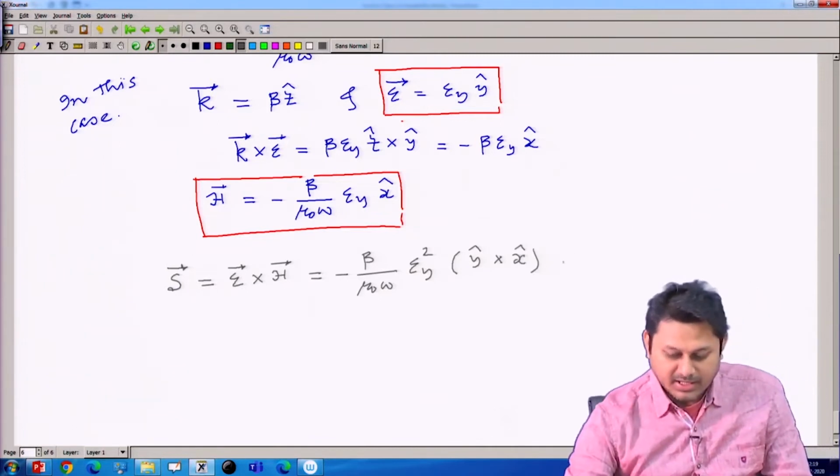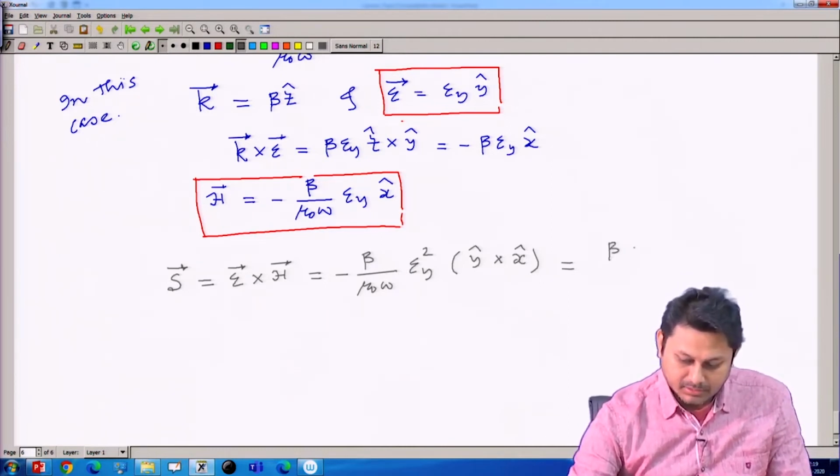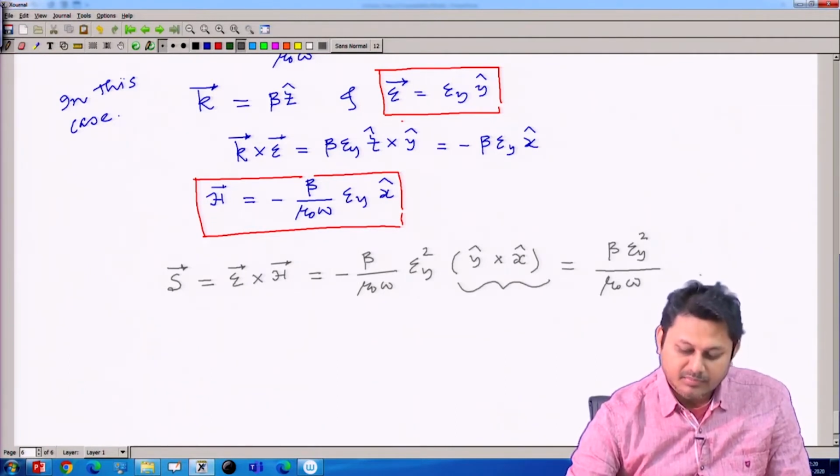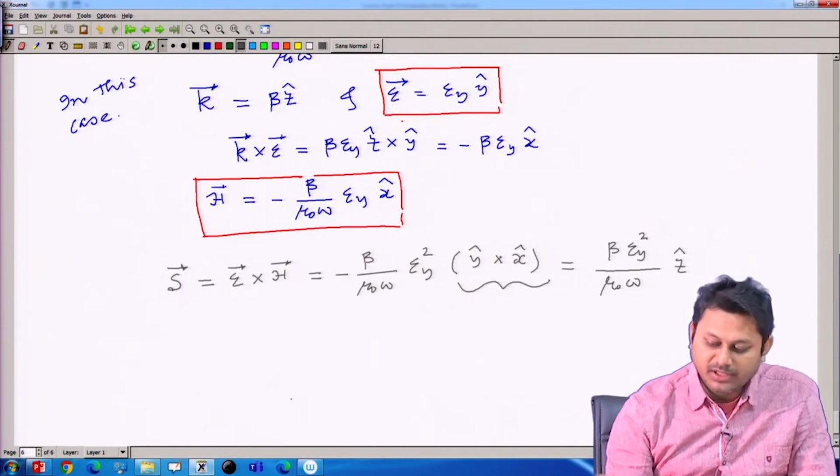So, eventually I have this quantity is nothing but beta E y square divided by mu 0 omega, and this quantity is minus of z, and this minus will going to absorb. So, I have z. So, my S, which is the pointing vector, is moving along z direction.